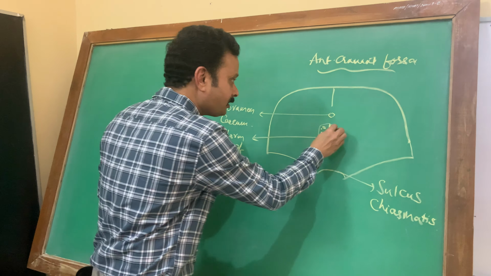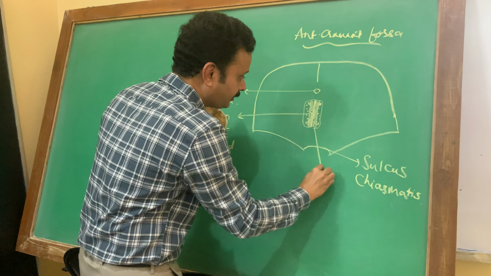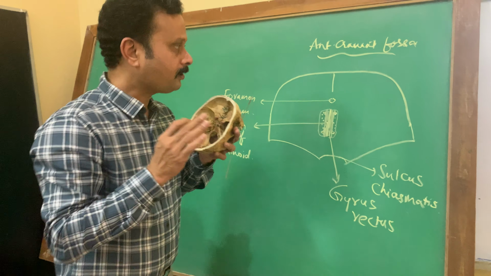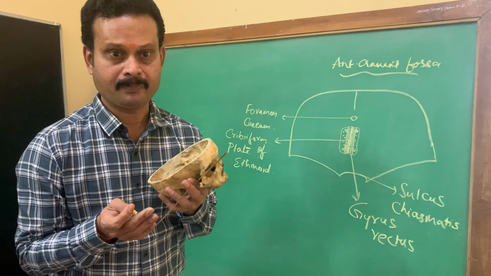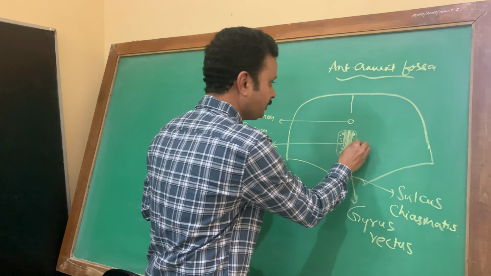So medially, this portion is lodged on either side by the gyrus rectus. And laterally it lodges the olfactory bulb.